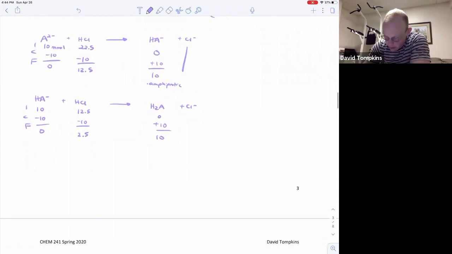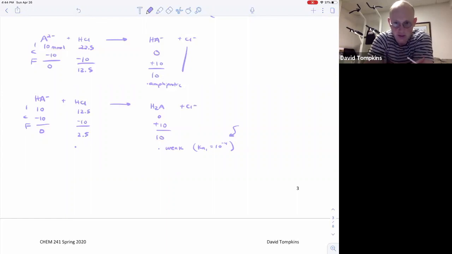All right, so now you have two acids present. You have a weak acid with a Ka value of 10 to the negative 4, which means that for every one hydronium, it takes 10,000 H2A molecules to make one hydronium.